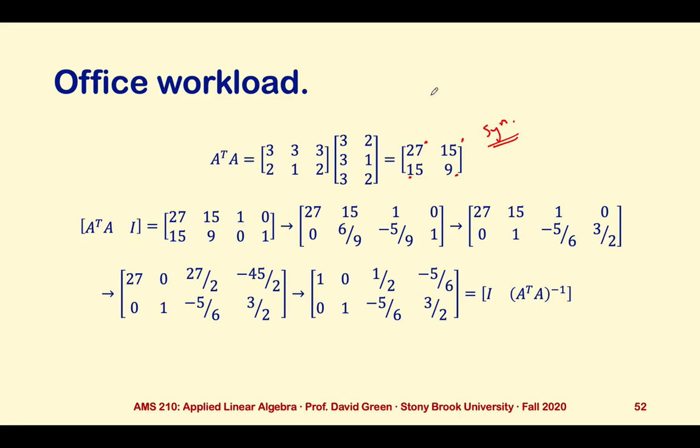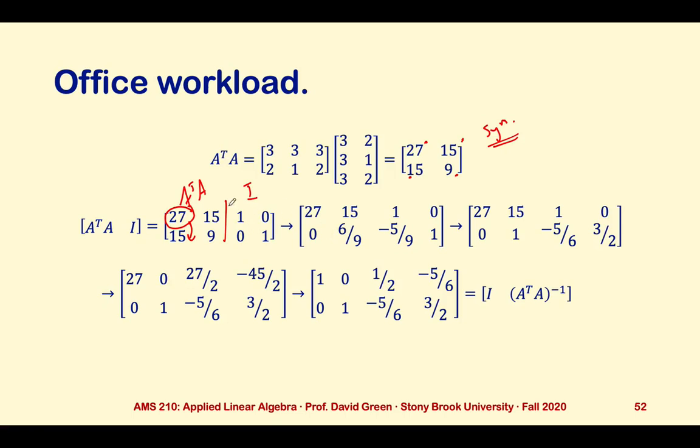Once we have A transpose A, we can find its inverse with Gauss-Jordan elimination. We set our A transpose A as one block, our identity as another block, and simply carry through elimination. First pivot, eliminating downward. We could scale these in a first step if we wanted to, recognizing that we can divide this top equation by 3 and the second equation by 3 as well.